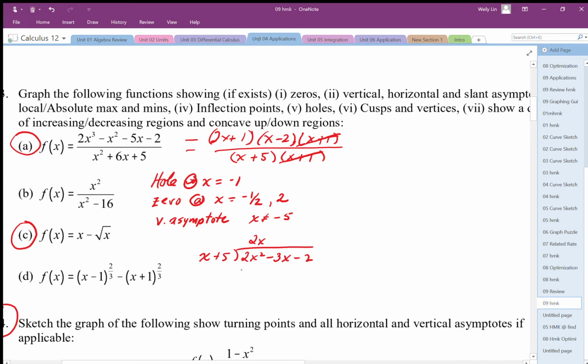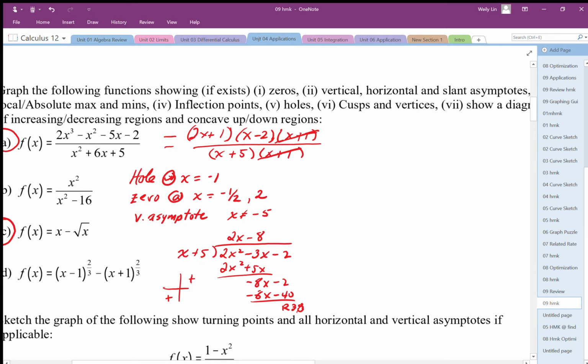So our slant asymptote will be y equals 2x minus 8. The remainder is not really relevant, other than that the positive remainder does indicate that we should be across this positive diagonal, but our coordinates should verify that. Okay, so we have that, so we're just going to sketch those in.